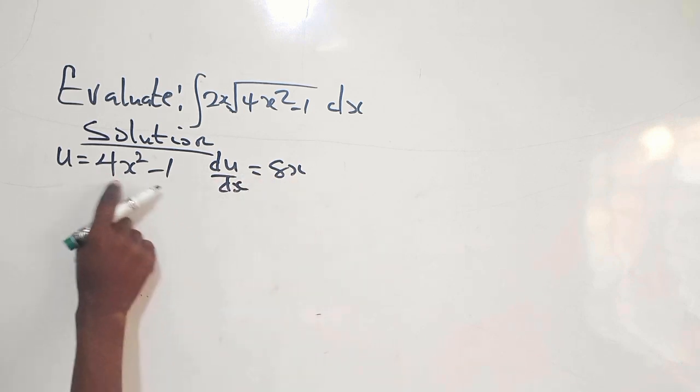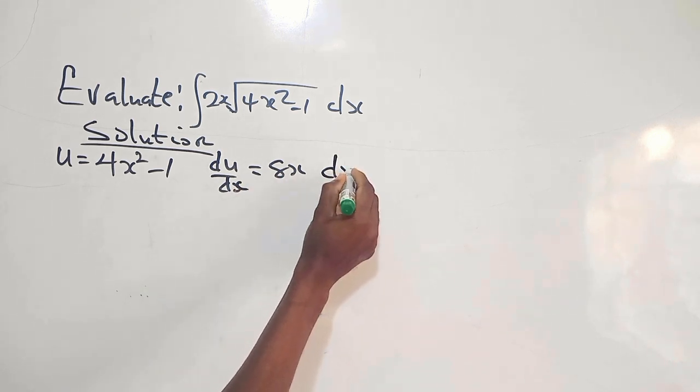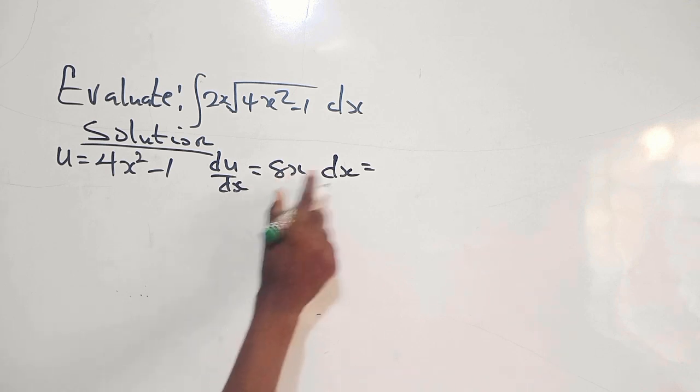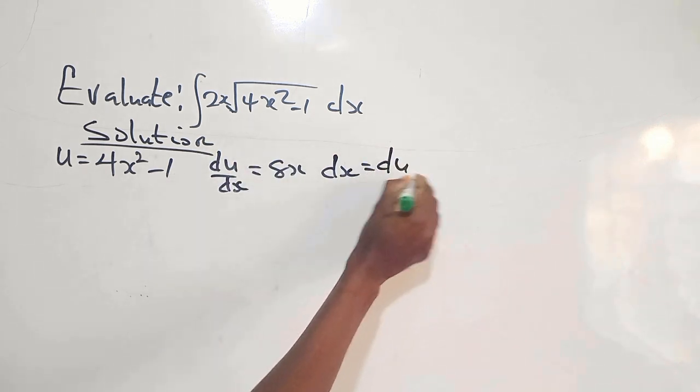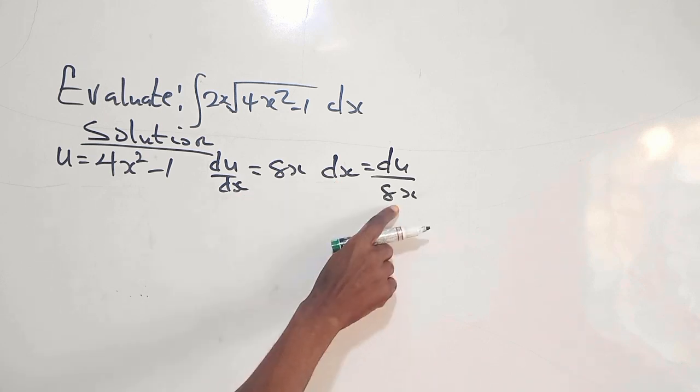But from here I can make dx the subject of the formula. So how do I do that? I swap the position, so I have du over 8x. By doing this, I've made this the subject of the formula.